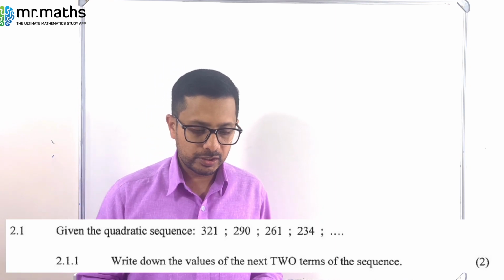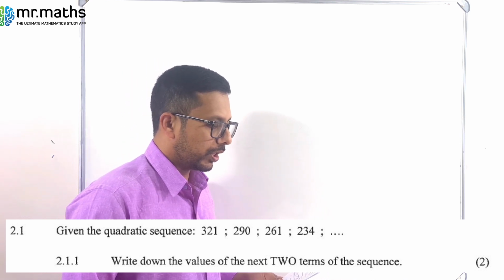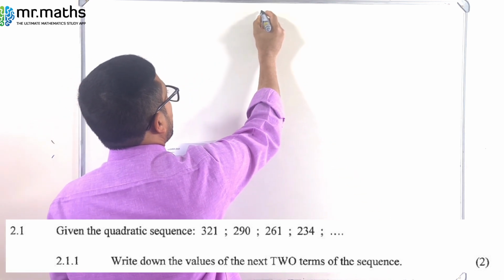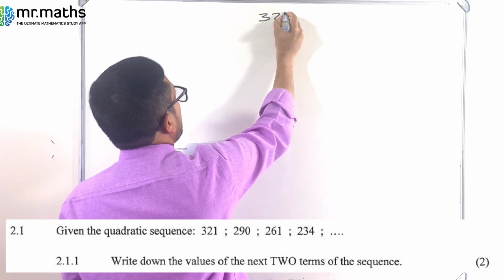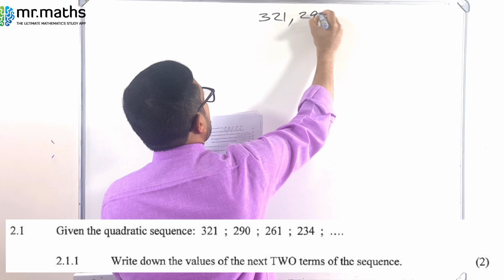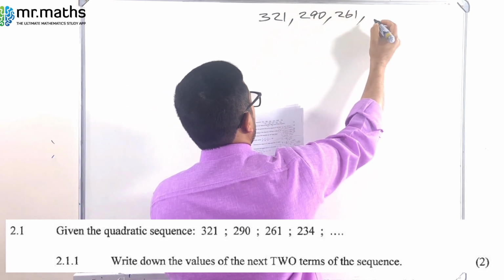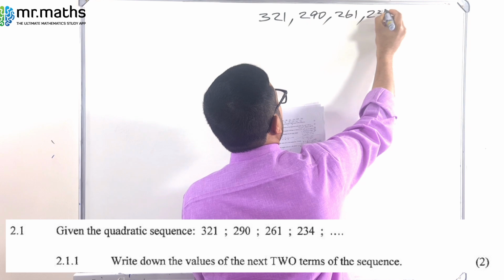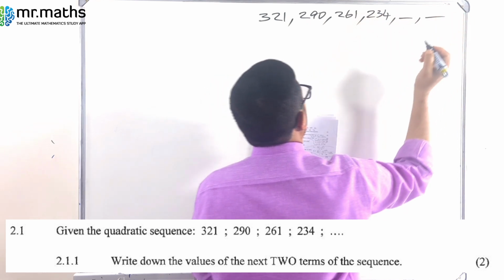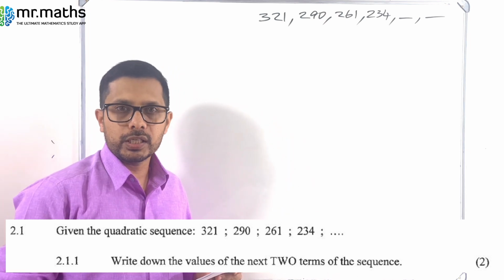Given the quadratic sequence 321, 290, 261, 234, etc. So there is a quadratic sequence given like this, and it is given that this one is a quadratic sequence.